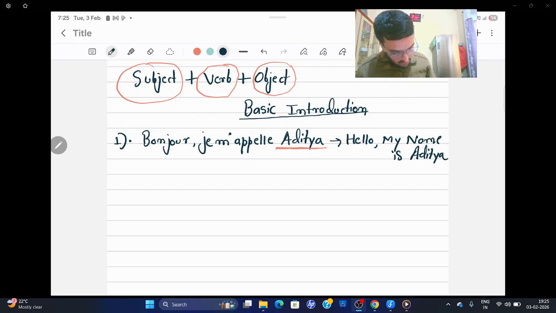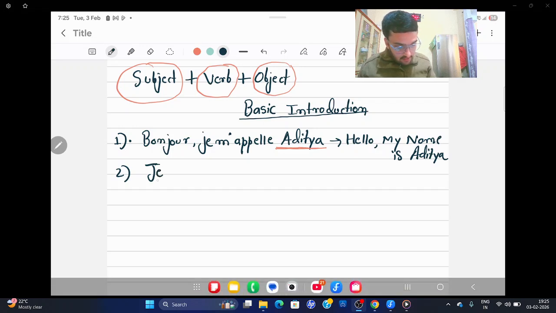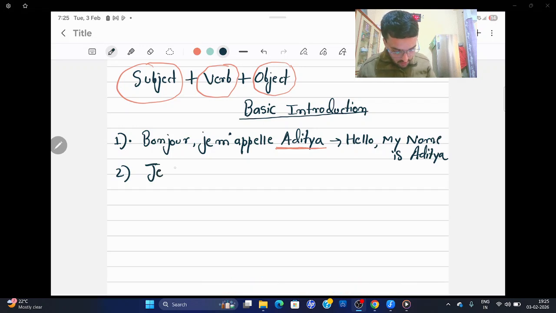Then we have the second sentence, that is where you live. For example, I come from India, so I would be writing Je viens de l'Inde. Inde means India.